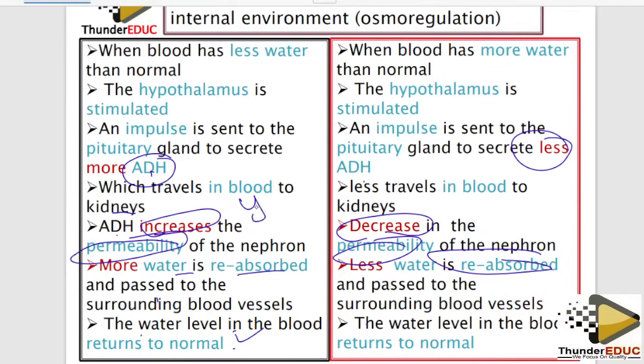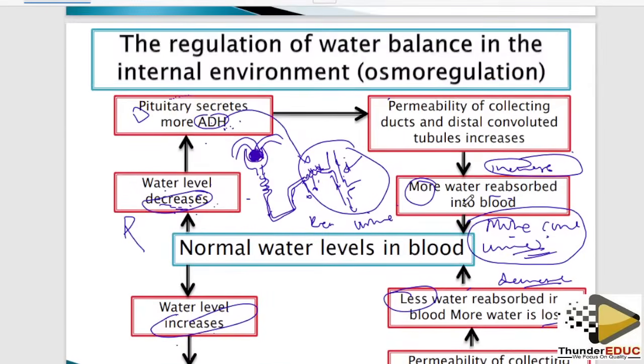This is yellowish urine, and this is colorless urine. This is smelling urine, and this is odorless. The water level in the blood returns back to normal. I think that is how I've explained it here.